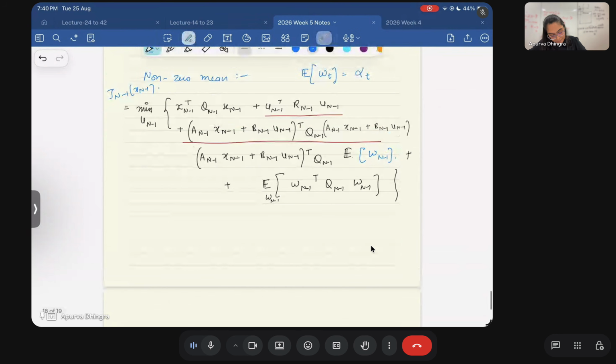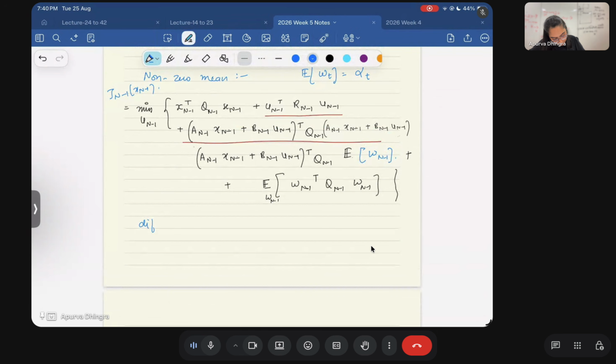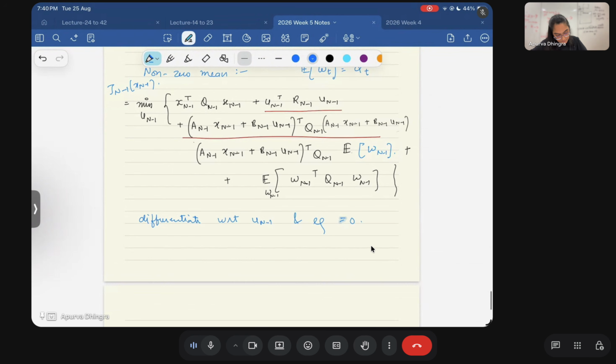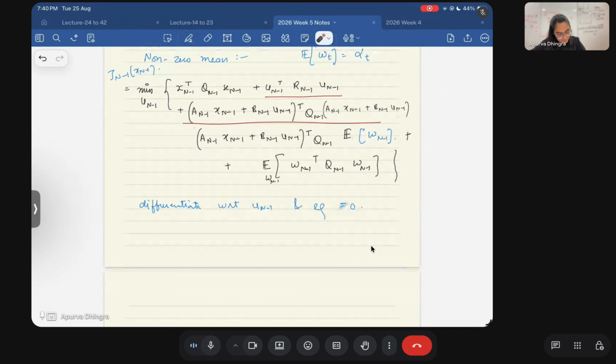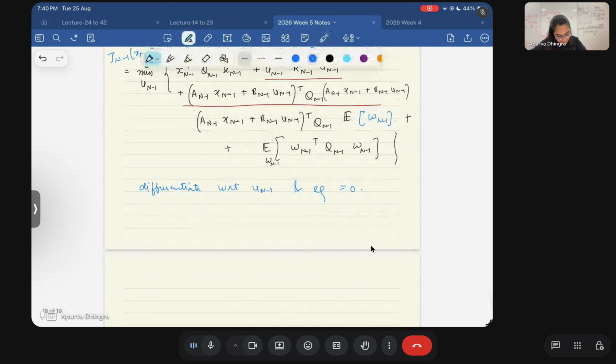So okay, no problem. What we do here is repeat what we did before. We differentiate with respect to un minus 1 and equate it to 0. If we do that, just the same as before, I'll get the following terms.